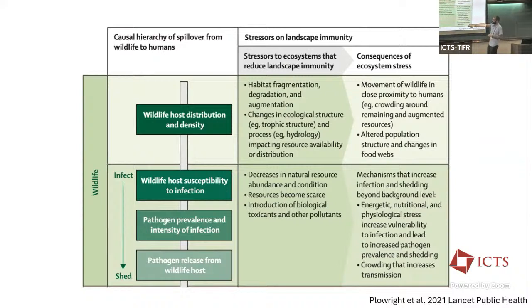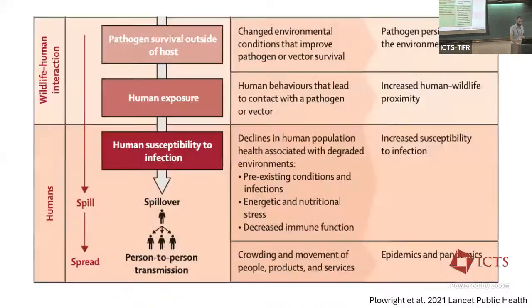You can also get exposed to biological toxicants in the environment, that could be a change that may decrease your immune function as well. And then also these changes in movement may change the overall density of your population. And so you can have increased crowding, which may increase the transmission process, especially if it is a directly transmitted disease, right? So you would have these direct interactions that are density dependent that might increase pathogen prevalence.